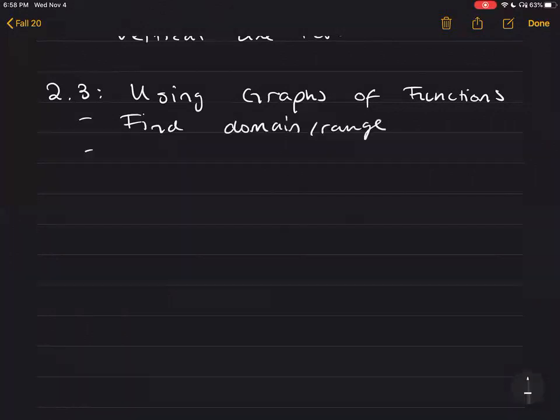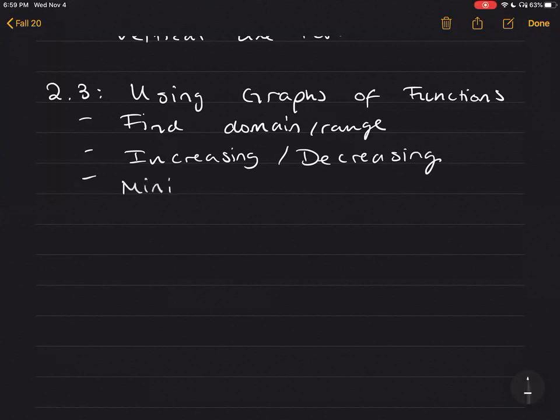We also used graphs to find where a function is increasing and decreasing. We also, because those two things aren't enough, looked at minima and maxima. And then in this section, we looked at solving equations and inequalities graphically.